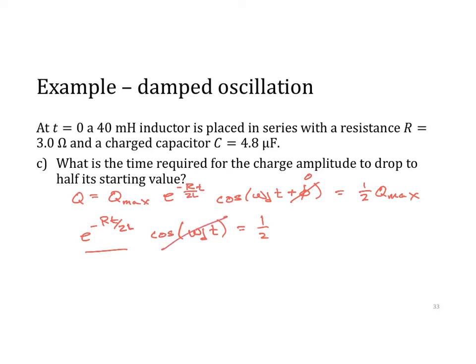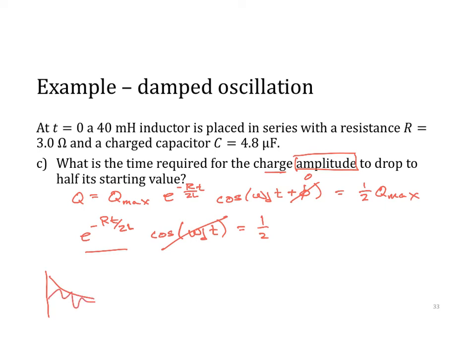That's going to give us our best approximation for where the charge amplitude drops to half of its starting value. So we're looking at the amplitude, not just the charge. That's telling us to look back at that exponential drop that tells us about the amplitude.